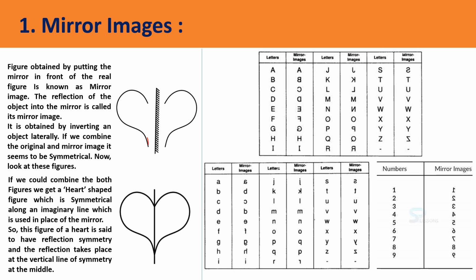As you can see in this, it is a shape like that, and if you invert it from the mirror, this is your mirror. If you invert it, it looks opposite, but it is similar in shape and has symmetrical shape, size, etc. If we combine both of them, you can see it is making a heart shaped figure which is symmetrical along an imaginary line which is used in place of the mirror.